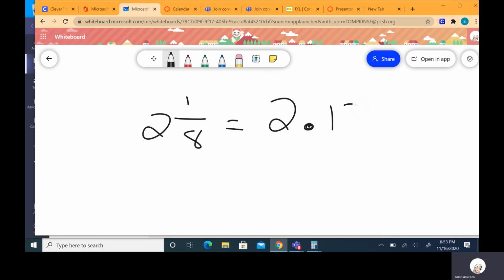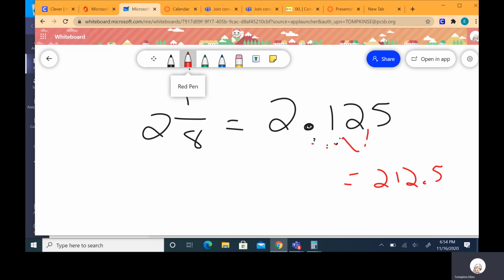You're going to get 1, 2, 5. And if you did that as a percent, well, this is going to go 1 and then 2. So you would have 212.5%. And yes, you can have percents that have decimals in them.